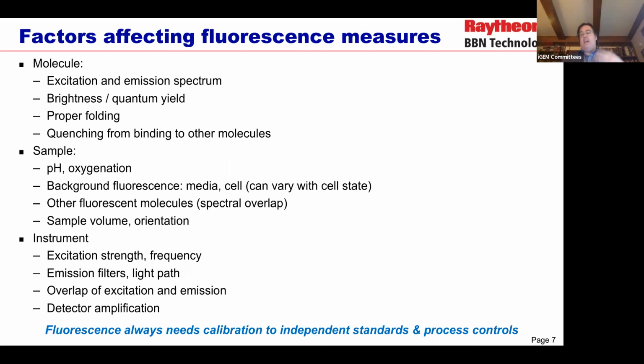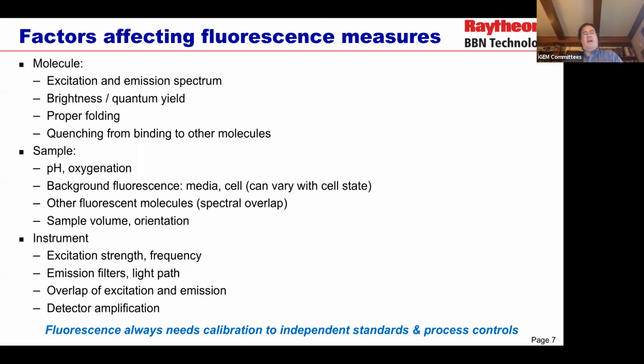And because with a plate reader at least, shining through the sample, if you have more sample in the path, then you may have more fluorescence appearing.